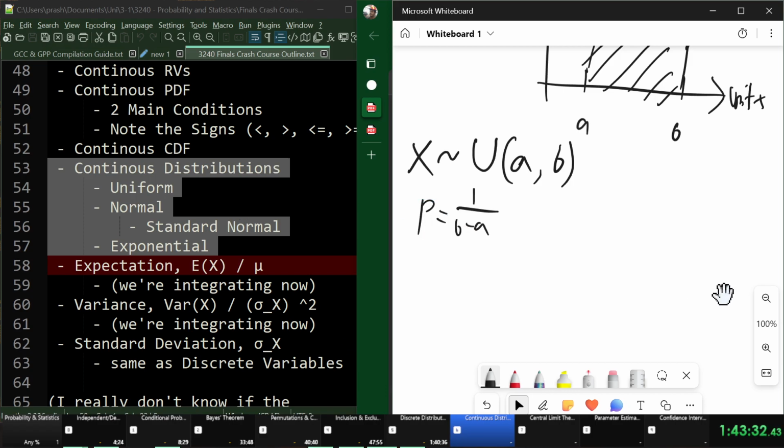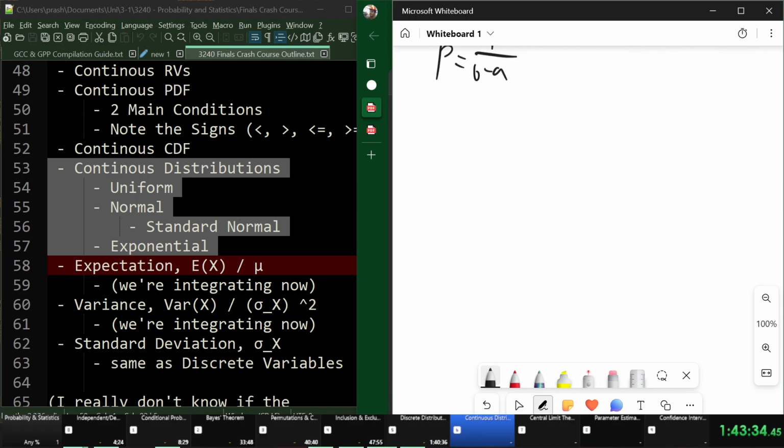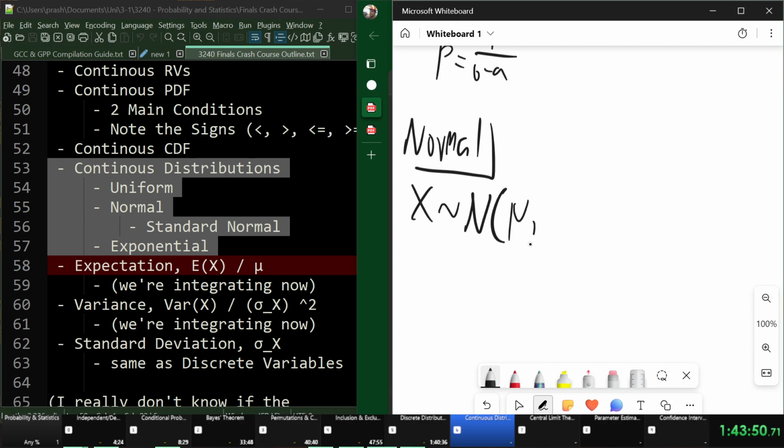And now comes the main character of statistics, the normal distribution. This is typically written as x follows a normal distribution with a mean and a variance. Mean is usually mu. Variance is standard deviation squared. As you know, this is the variance of x, I mentioned earlier.